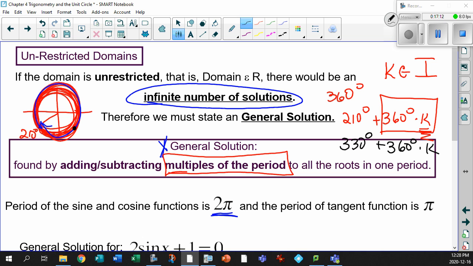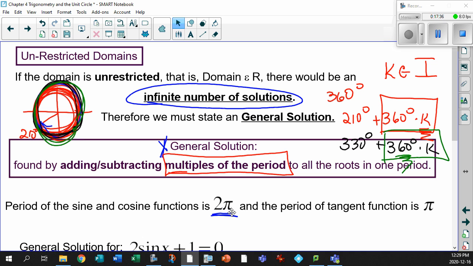So I'm going to go here and say, add 360 degrees. I'll get back to here. Add 360 degrees, add 360 degrees, or I can go backwards and say subtract 360 degrees, subtract 360 degrees. But the neat thing is, it's always a multiple of whatever the period is. The period being from one to the other based on the kind of graph you're doing.